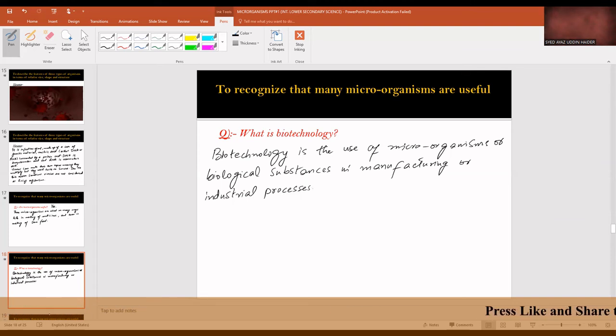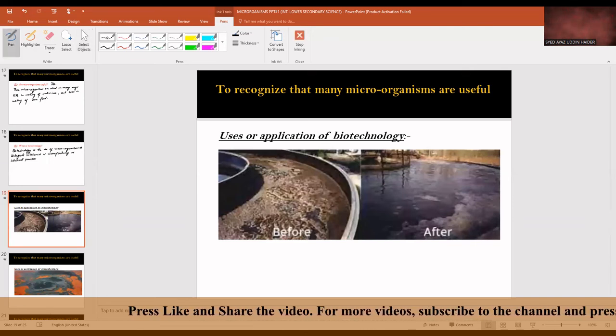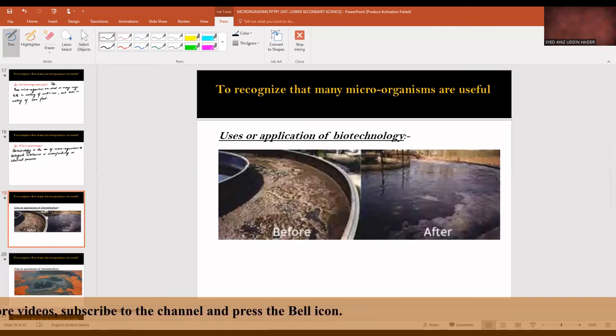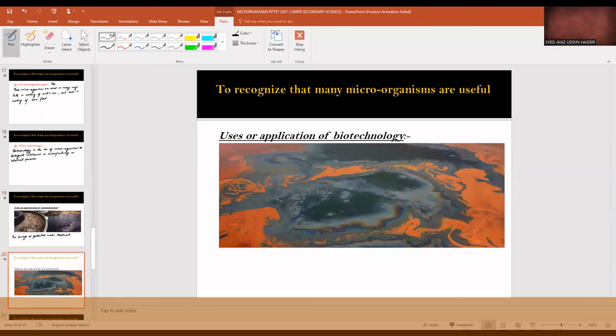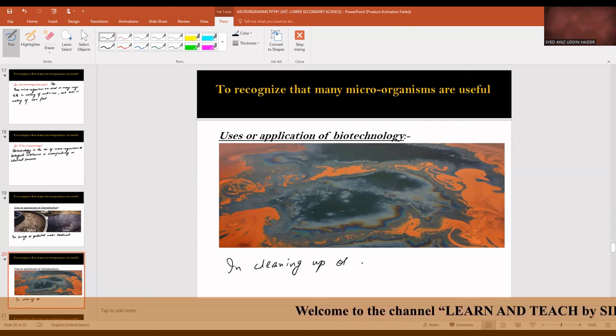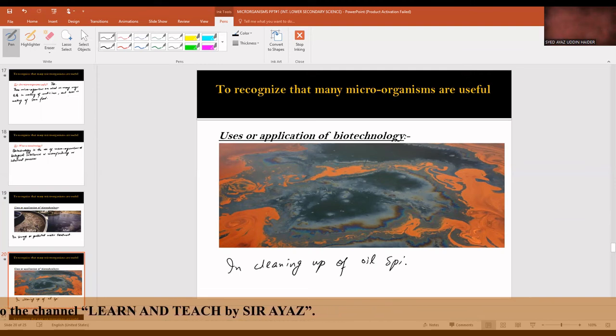Here are some uses of biotechnology. In sewage or polluted water treatment. In cleaning up of oil spill.